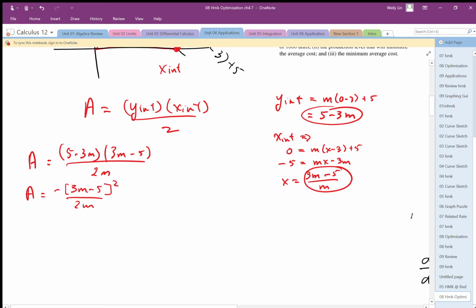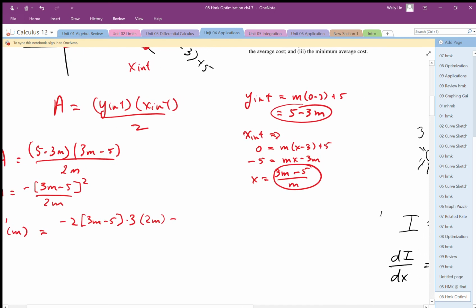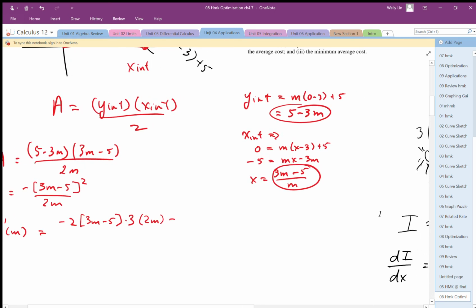Okay. And so differentiating this equation in terms of m is going to be negative 2 times (3m minus 5) times 3 times the denominator 2m minus, actually I'm going to keep that negative all on the outside, times 3, yep, and then I'm going to take (3m minus 5) squared times 2.